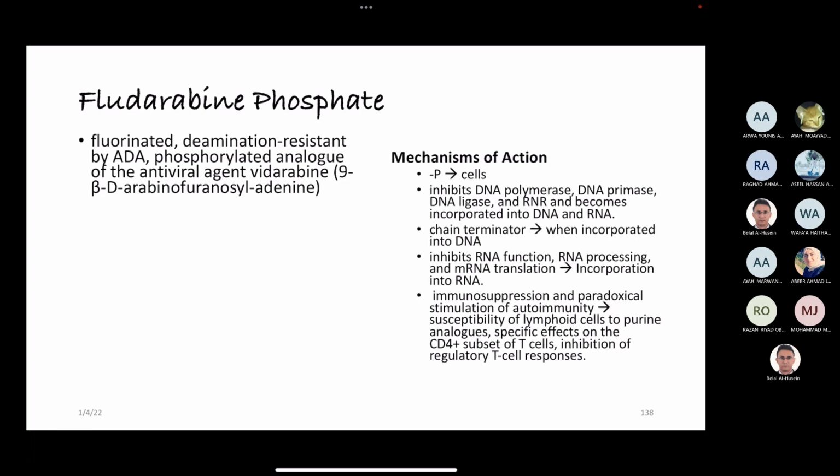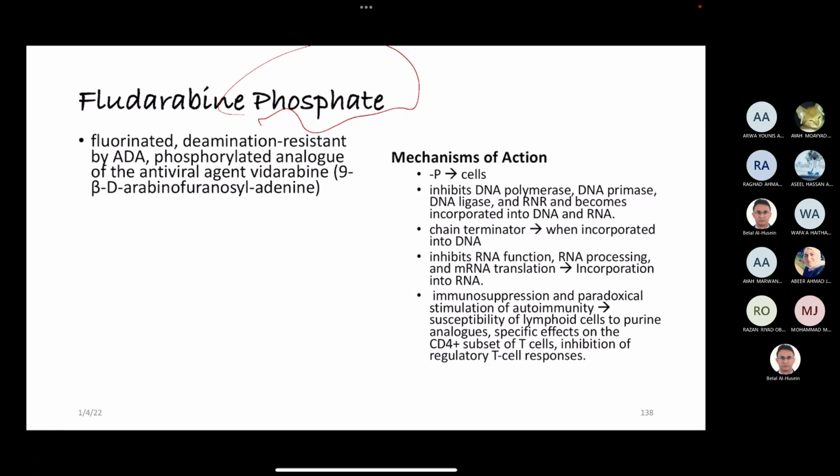So the drug, first of all, undergoes removal of the phosphate and then triphosphorylation to become Fludarabine triphosphate, and this will be incorporated into DNA or RNA synthesis, and it will impair DNA and RNA synthesis.